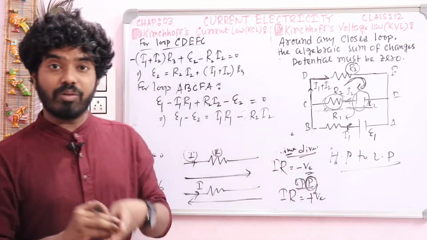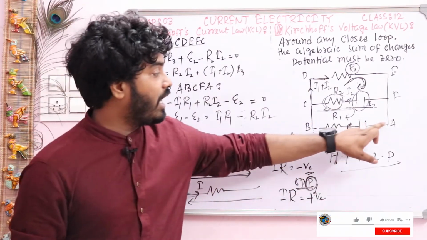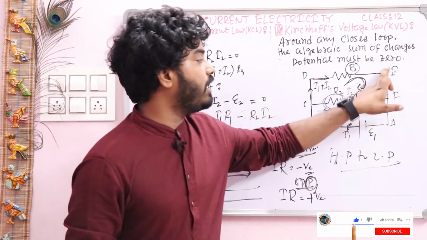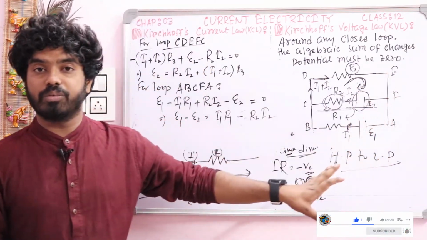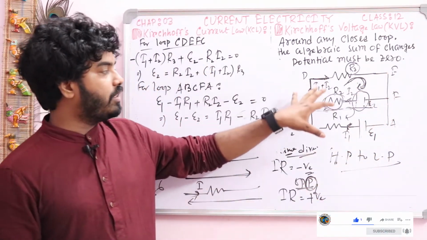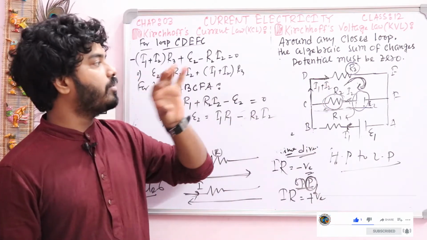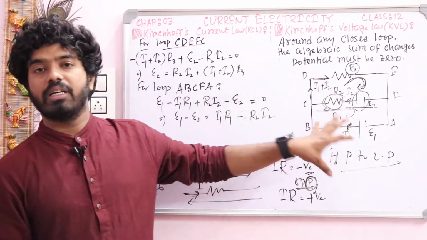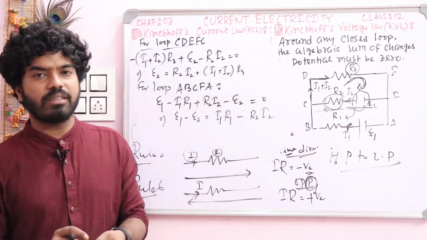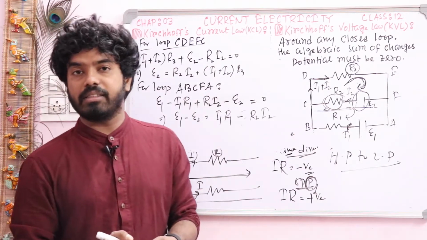There is another loop, you just consider this one, A, B, D, E, F, which is also another loop. Okay, so in this way we can make the equations, and now for solving the equations we can easily find out the value of current.